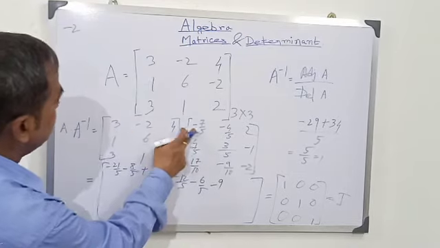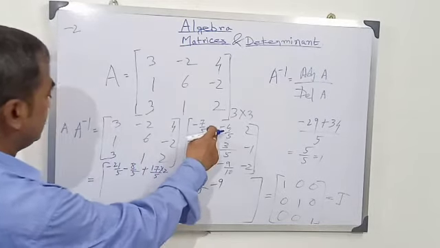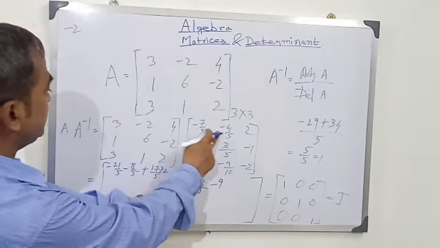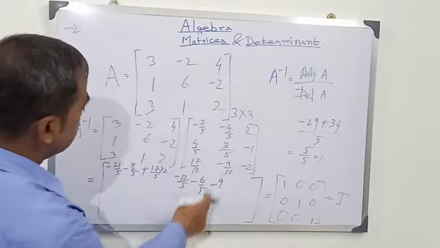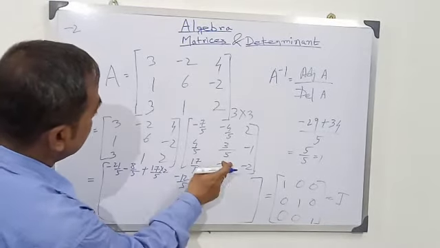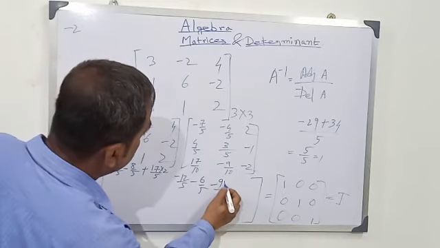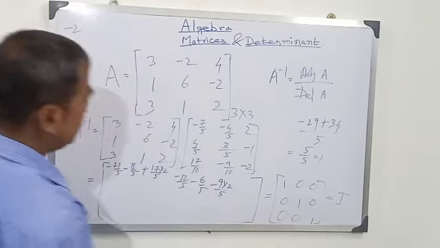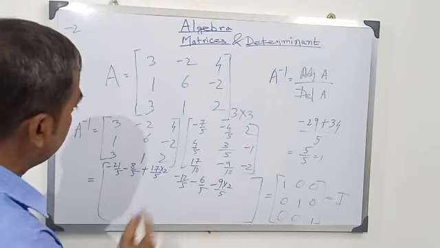This into this is minus 12 by 5, this into this is minus 6 by 5, and this into this is minus 9 by 5, 9 into 2 by 5.